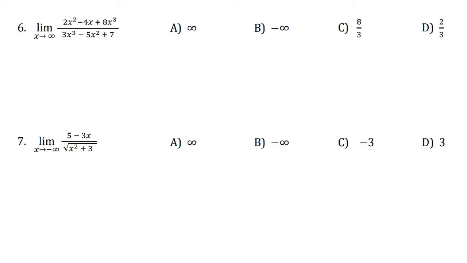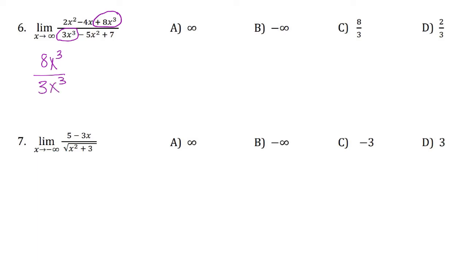Okay, for number 6, notice we're talking about x approaching infinity. So if x is approaching infinity, then this is where we talked about our power struggle. And we need to find the largest term that we have in the numerator, which is going to be that 8x cubed. And we're going to compare that with the largest power in the bottom, which is going to be 3x cubed.